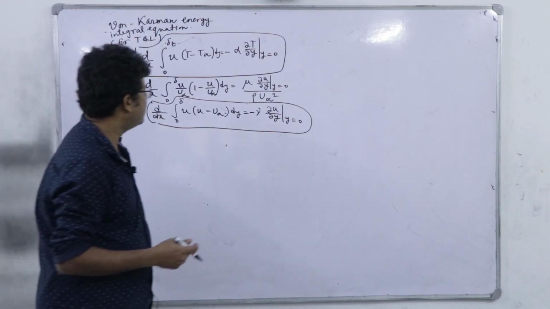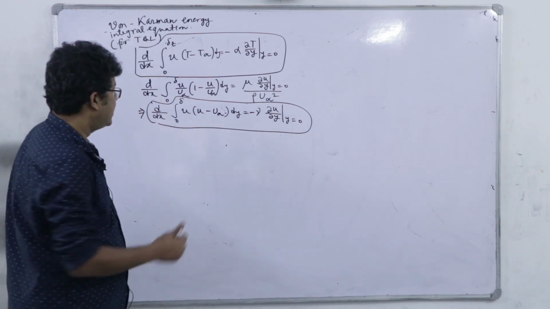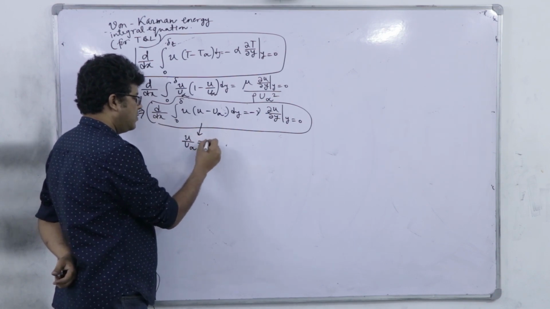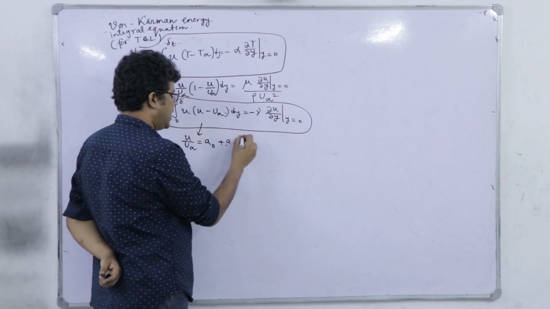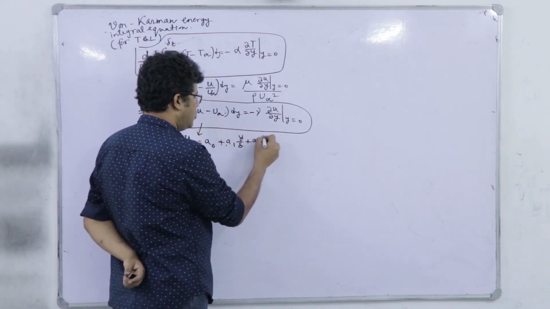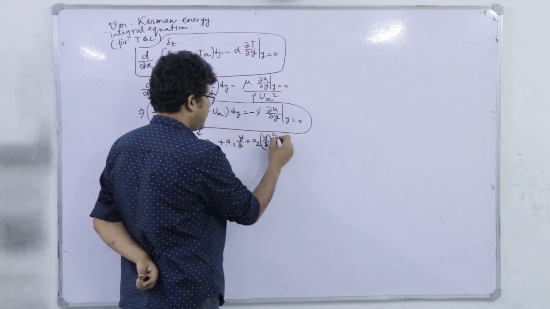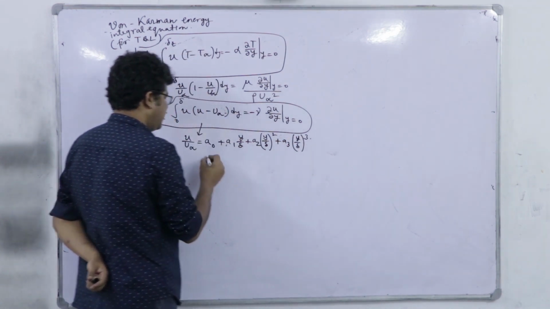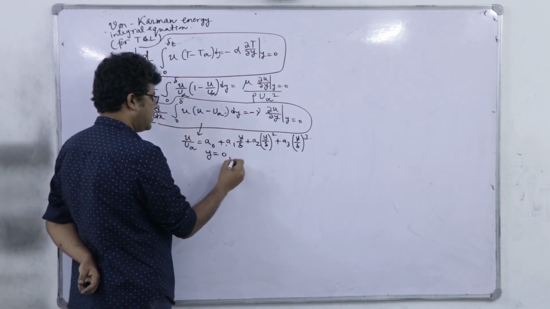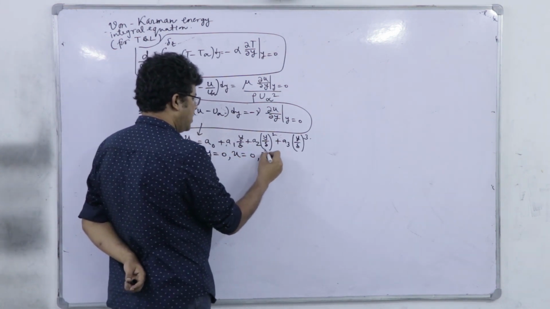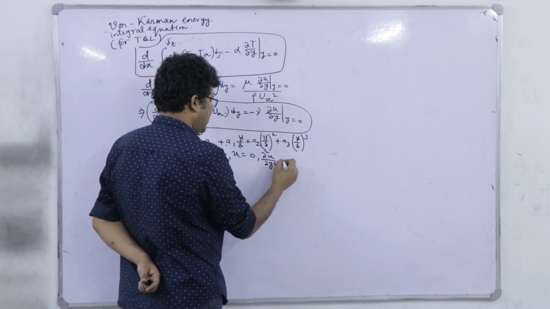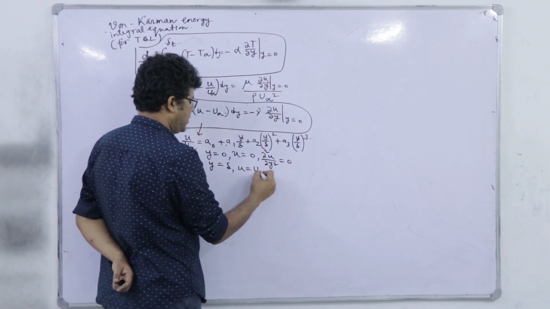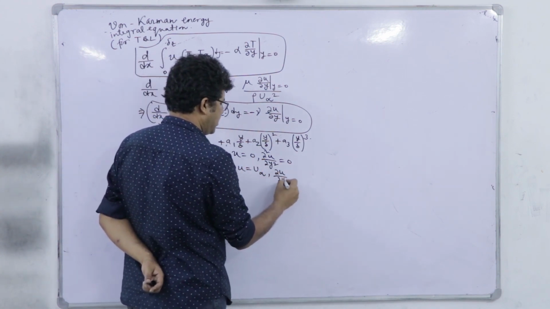So, how to use it? Very similar. What we did here, we considered that u by U infinity was equal to a0 plus a1 y by delta plus a2 y by delta whole square plus a3 y by delta cube. And we solved it considering the boundary conditions: at y equal to 0, u equal to 0 and del square u del y square equal to 0; and at y equal to delta, u is equal to U infinity and del u del y equal to 0.